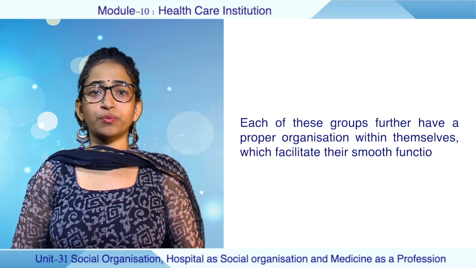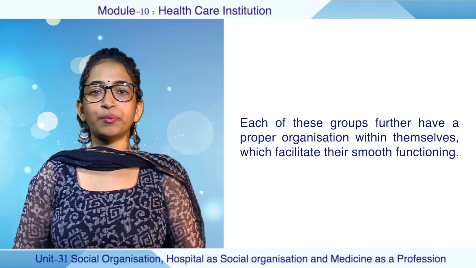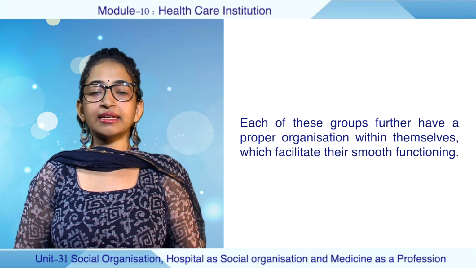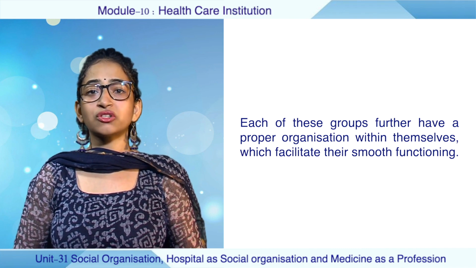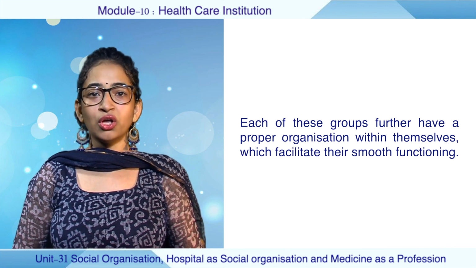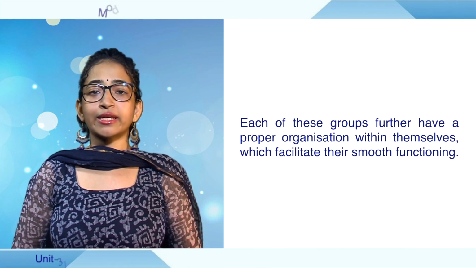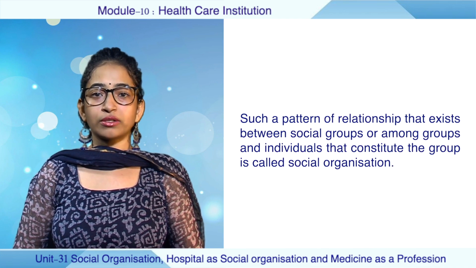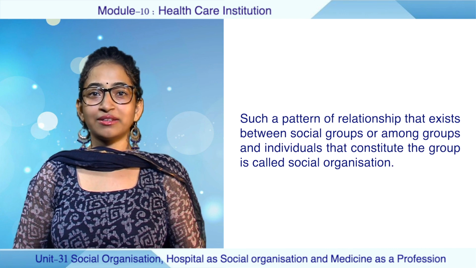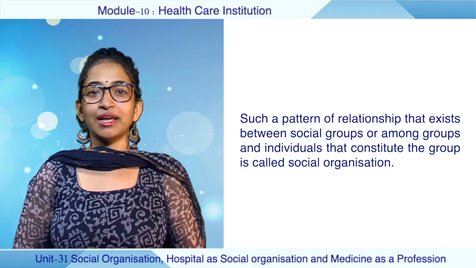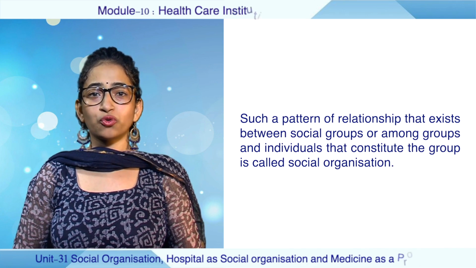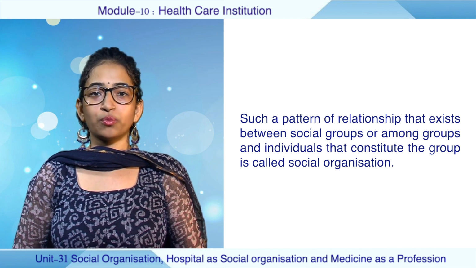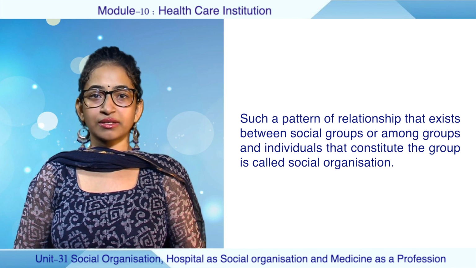Each of these groups further has a proper organization within itself, which basically means that there exists a clear set or pattern of interaction within these groups which facilitates their smooth functioning. In the discipline of sociology, such a pattern of relationship that exists between social groups, or among groups and the individuals that constitute the group, is called social organization.